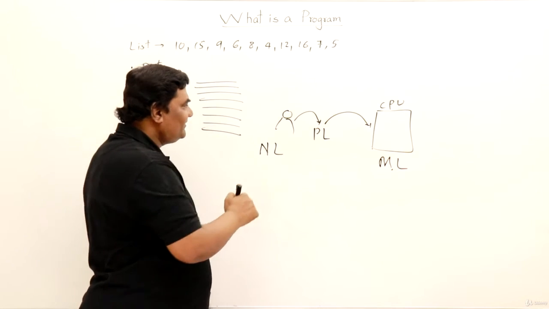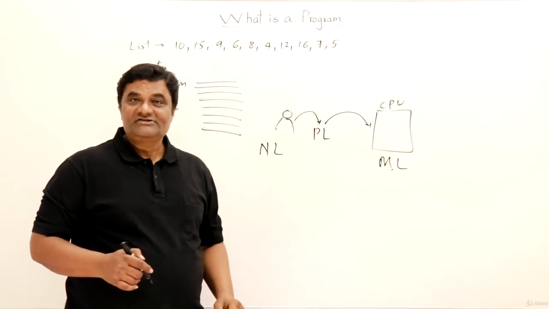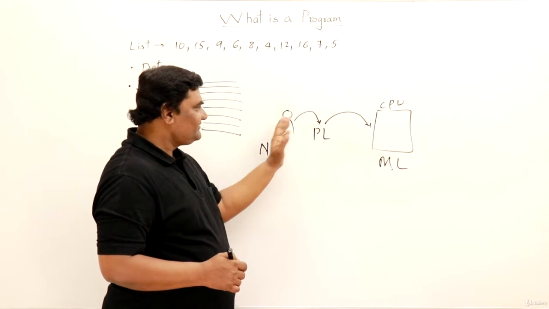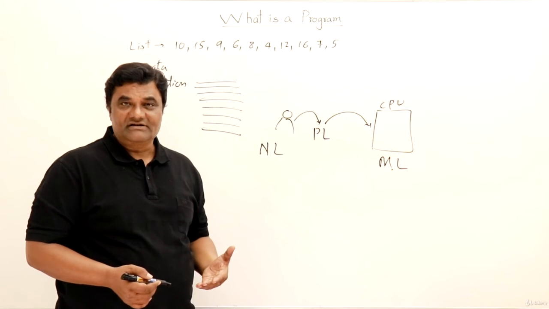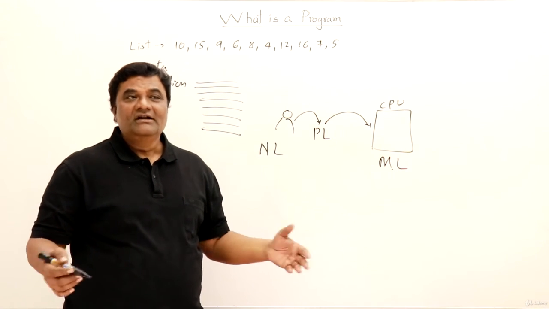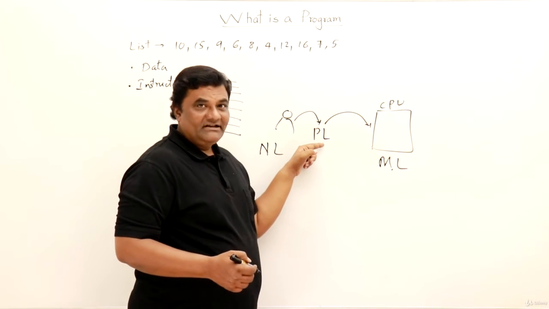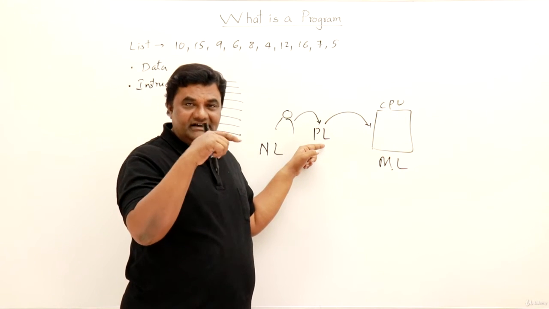So from natural language to programming language, then programming language to machine language, translation is done. This translation is not there, we have to learn it, right? If that translation is available, then anybody can do programming. Just you say it, and it will become a program. So we have to learn a programming language and write our procedures in that language.